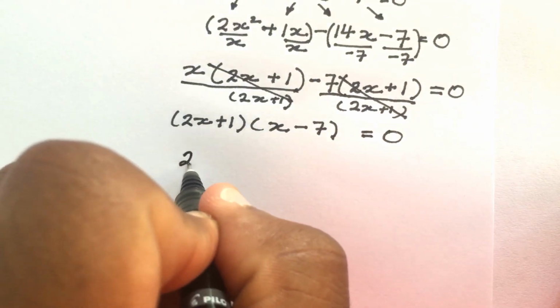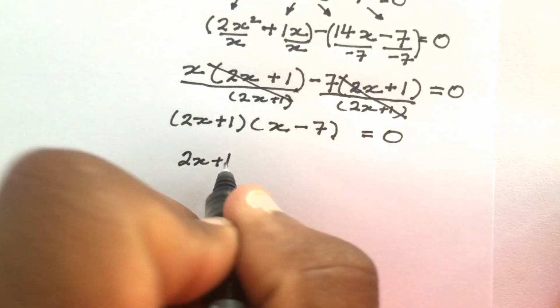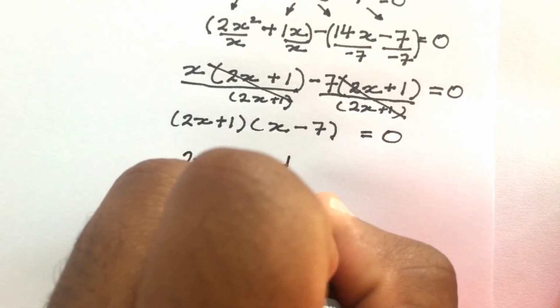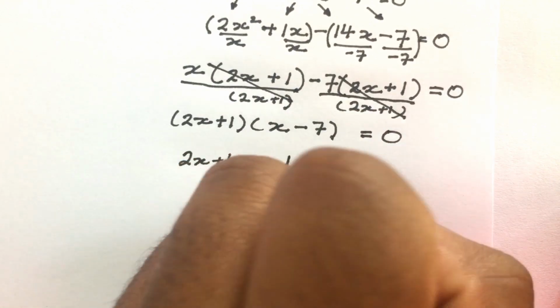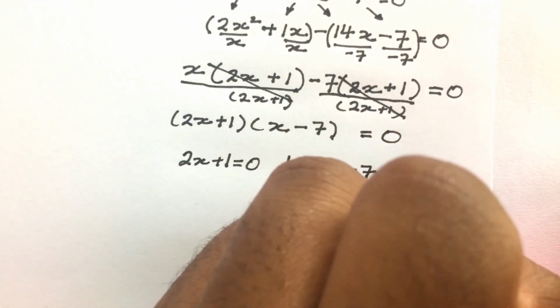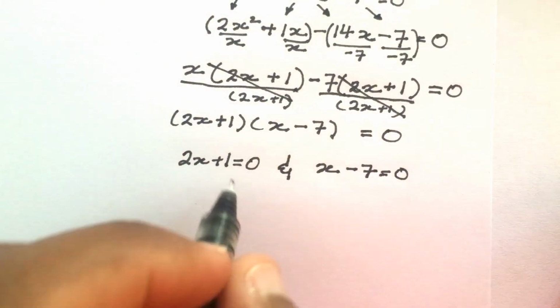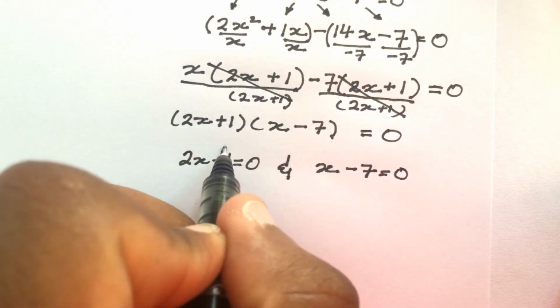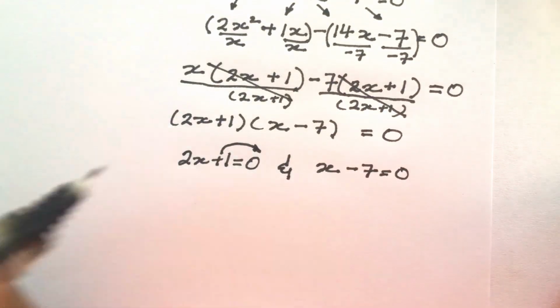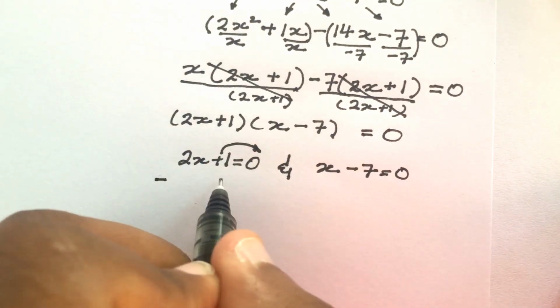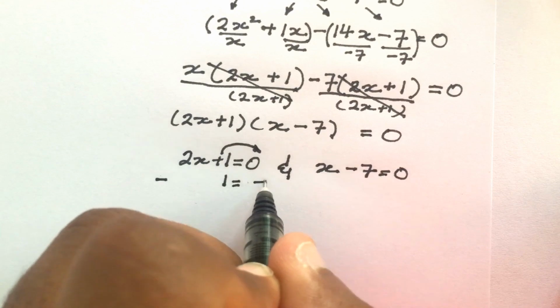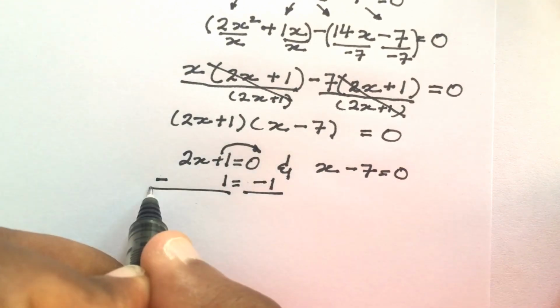So we're going to have 2x plus 1 is equal to 0. And x minus 7 is equal to 0. We'll just go ahead and solve this right now. So I'm going to carry this over. Or what you can do is to subtract 1 from both sides, if you're used to doing it this way.